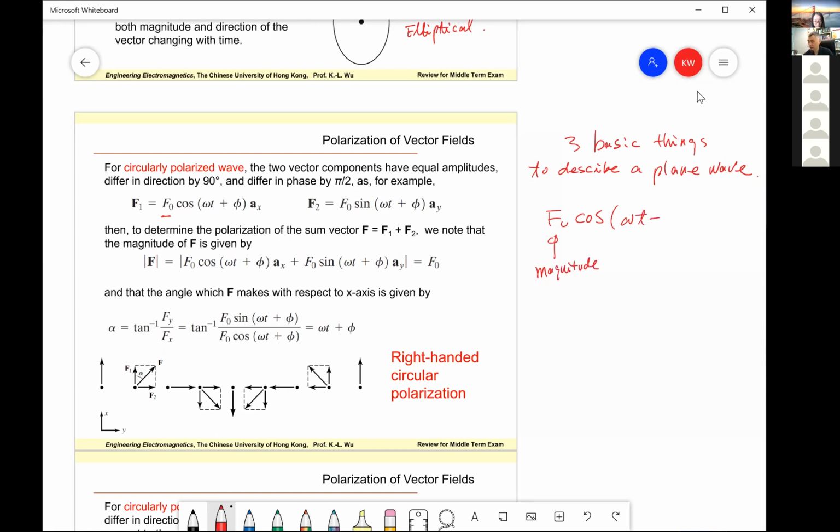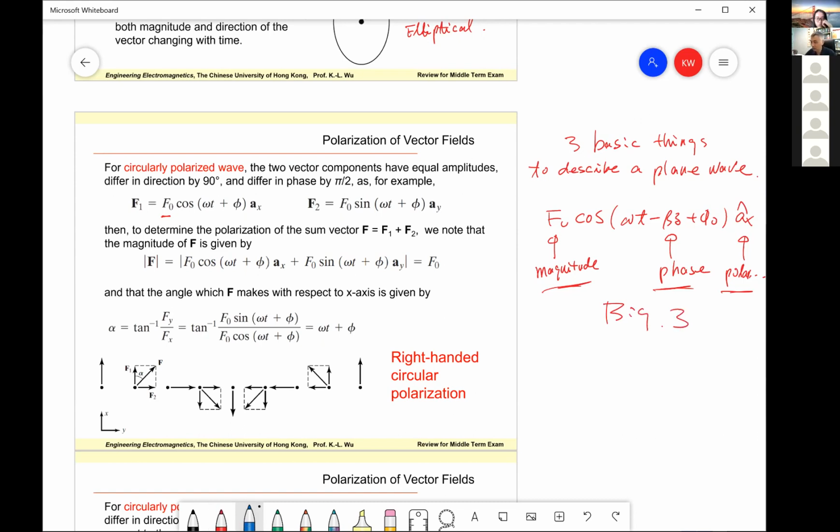So the three things are magnitude, frequency and phase. One more thing: the polarization direction. So these three things, we can say the big three.